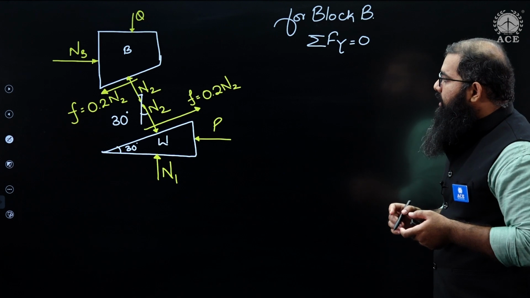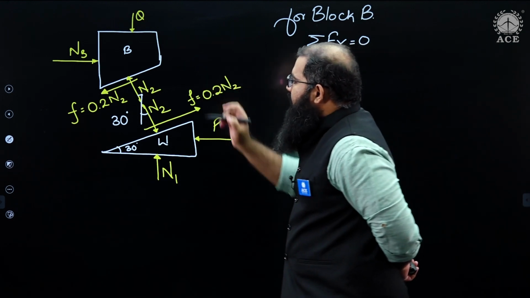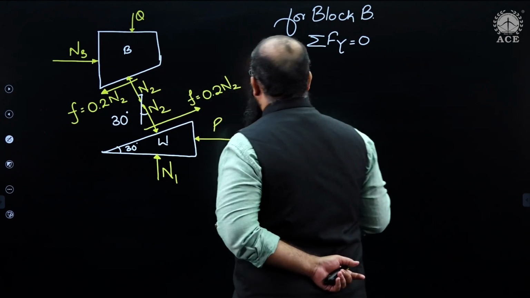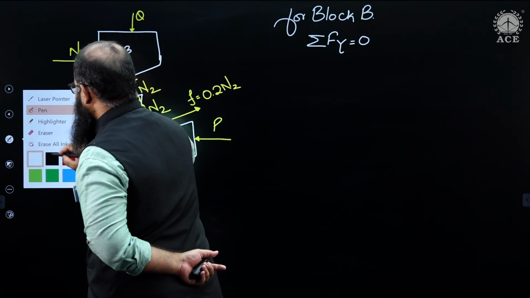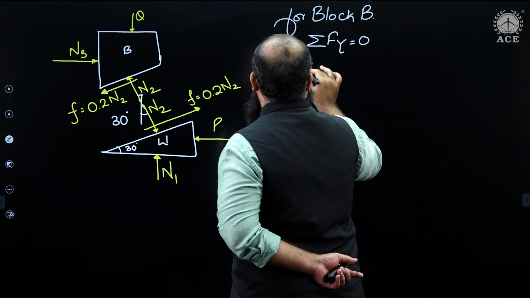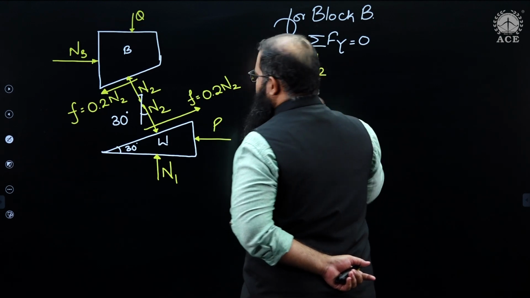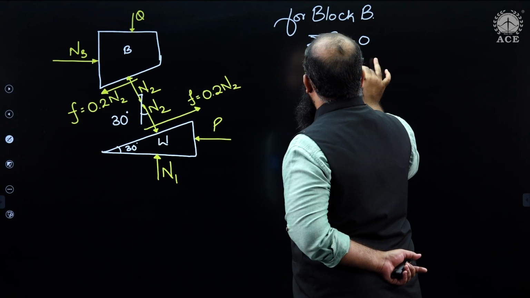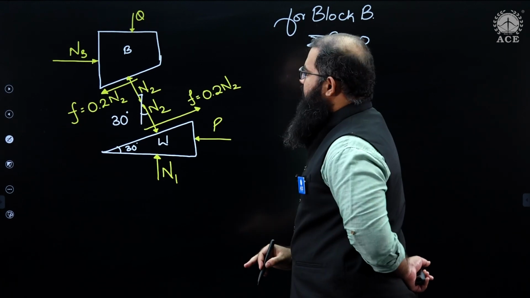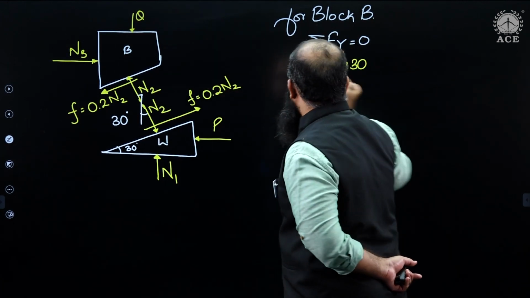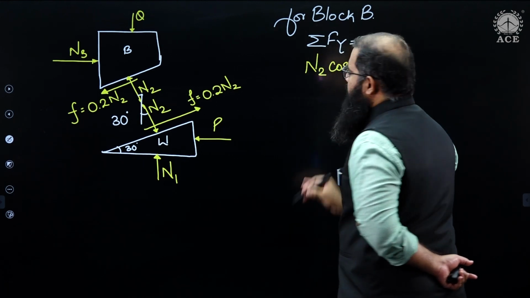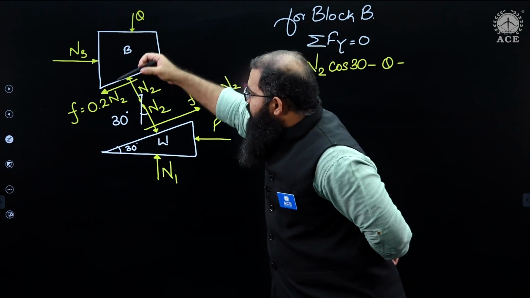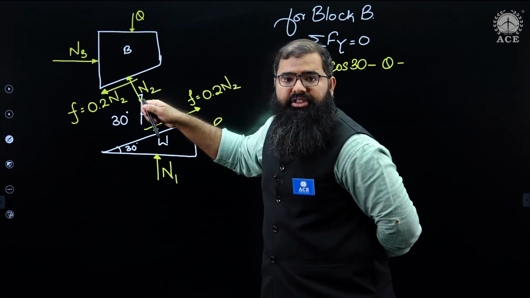Then what do I have over here? In the vertically upward direction, I have a force N2, and there's going to be a cos component contributing towards that. So I have N2 cos 30 degrees. In the downward direction I have Q, so minus Q. Now you see F is also going to have a component in the downward direction, is it not?